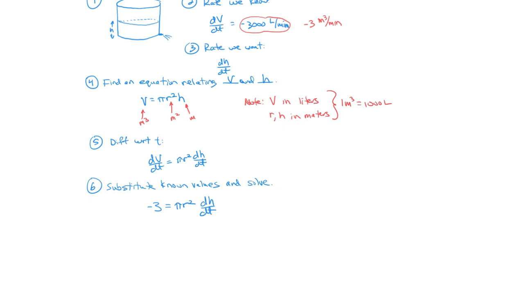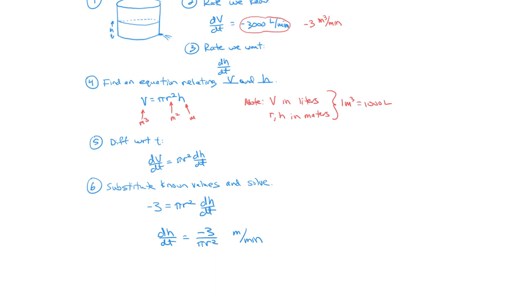And that would give us dh/dt equals -3 divided by pi r squared. And then the unit of h is the height, which should be in meters, and time is in minutes. So the answer would be dh/dt equals -3 divided by pi r squared meters per minute.